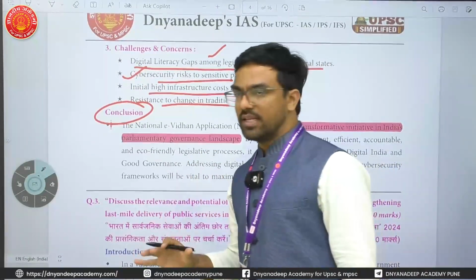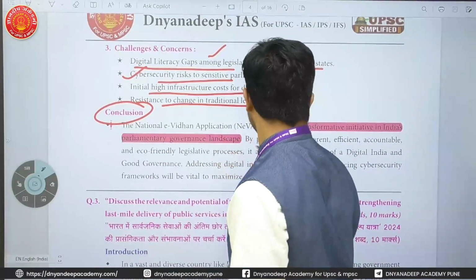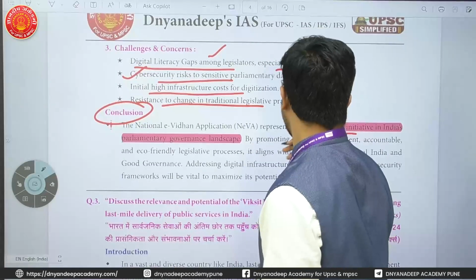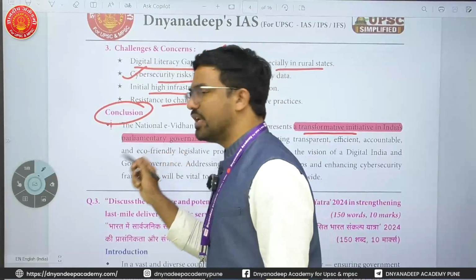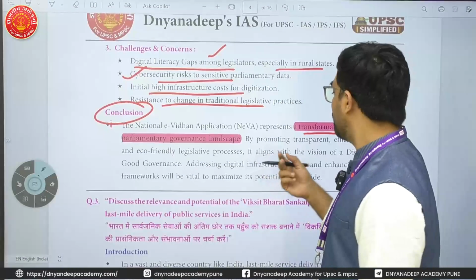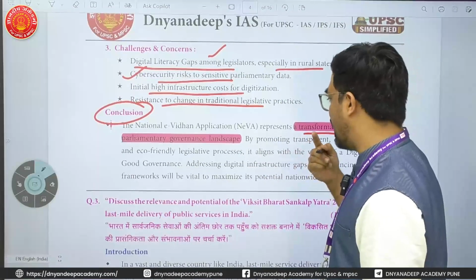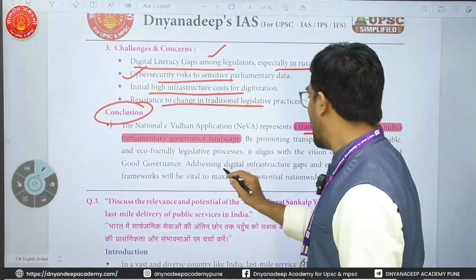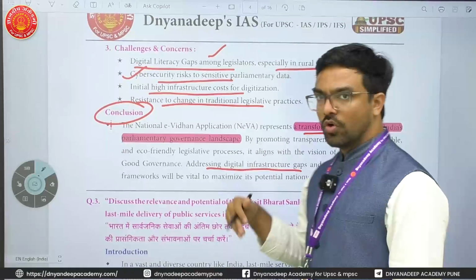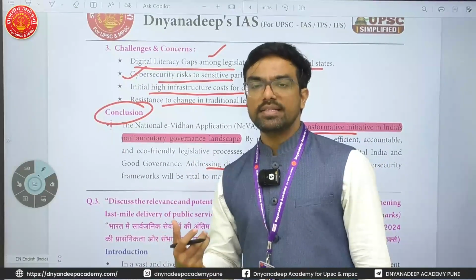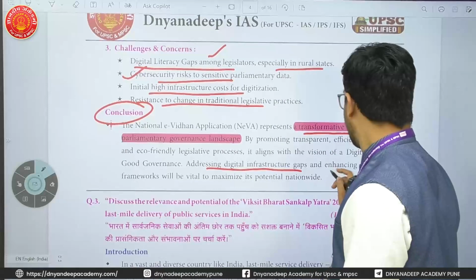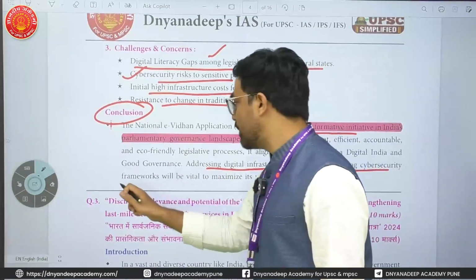And a balanced conclusion. So we can say that yes, e-Vidhan is a transformative initiative in parliamentary governance. But we have to take some measures, like addressing digital infrastructure gaps. The government has to take steps to address digital infrastructure gaps. Also, enhancing the cyber security framework.